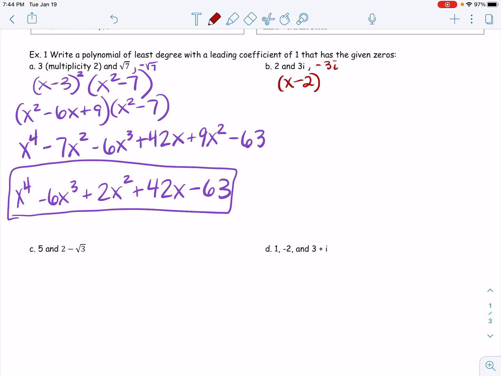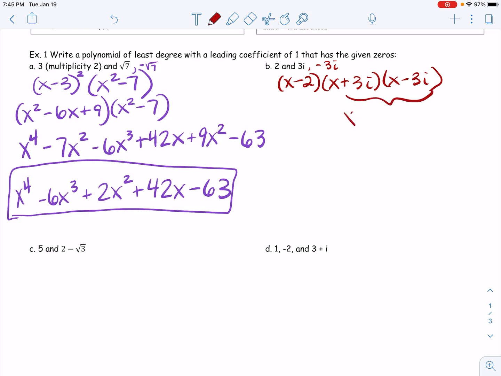But if you don't, you're more than welcome to put x plus 3i and x minus 3i. You would have to FOIL it, so you're going to end up with what you should have started with if you know you're factoring and multiplying out pretty easily. But you can start with this. That's totally fine. I would go ahead and FOIL these together and then distribute the x minus 2.